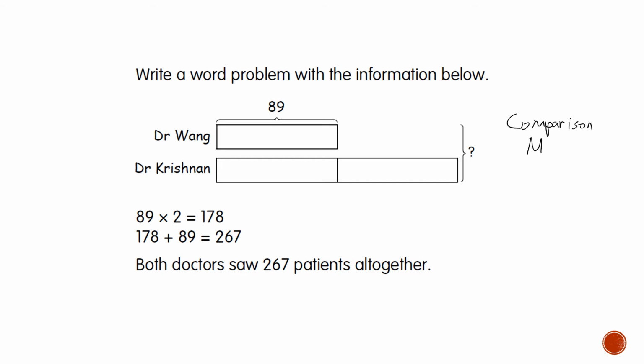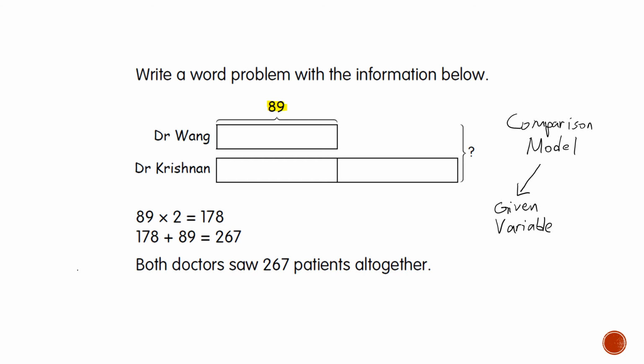What kind of comparison model is this? Well, there is a given variable, and this given variable is actually Dr. Wang, 89. Now what is this 89? Well, we're not sure yet. We'll find out later when we read on.